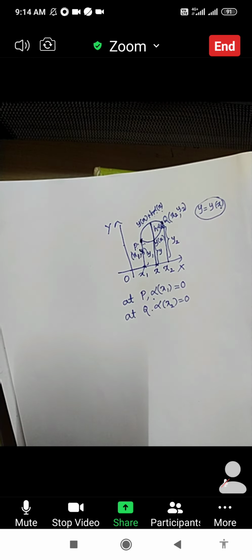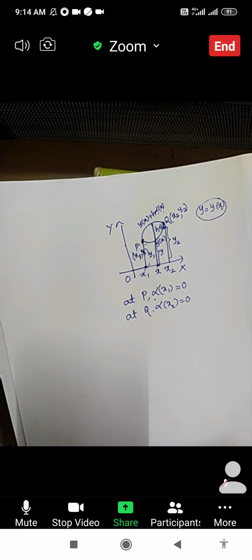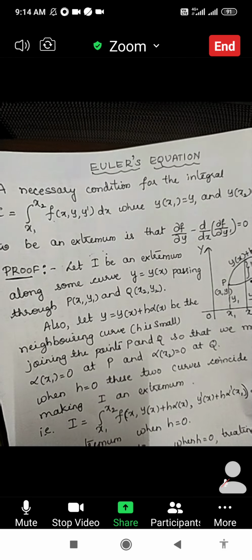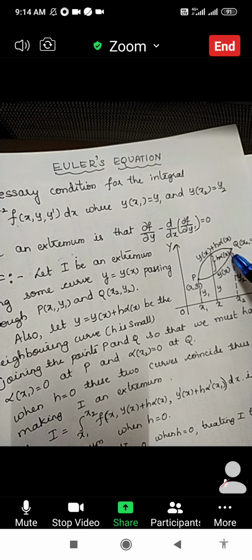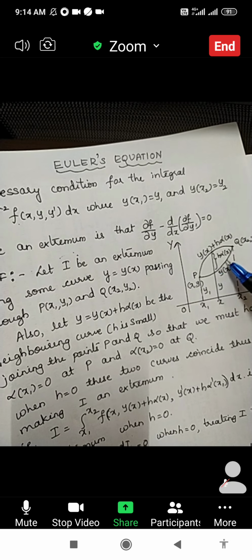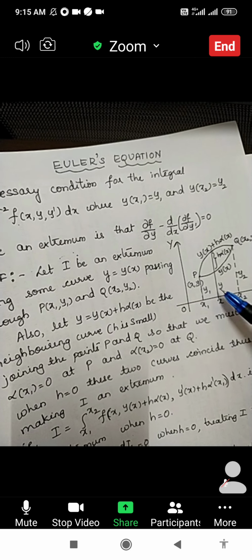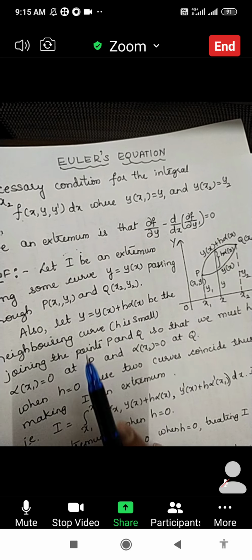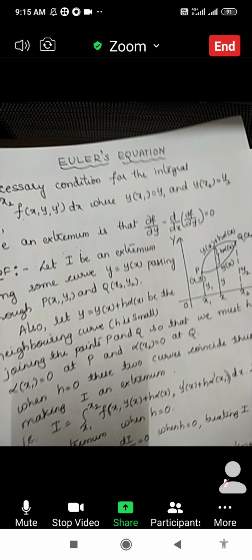This is one extra thing we have to take. We have taken a little extra construction with the condition. So this is what is explained here: the curve, then a neighboring curve, the distance difference is h alpha of x, endpoints P and Q.